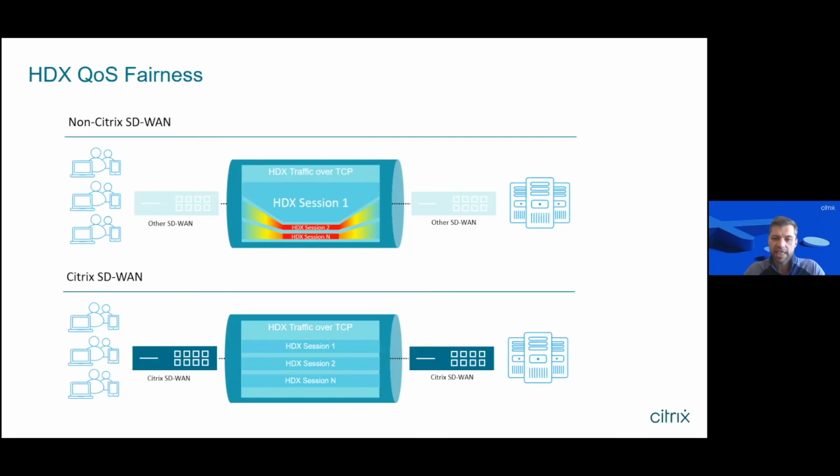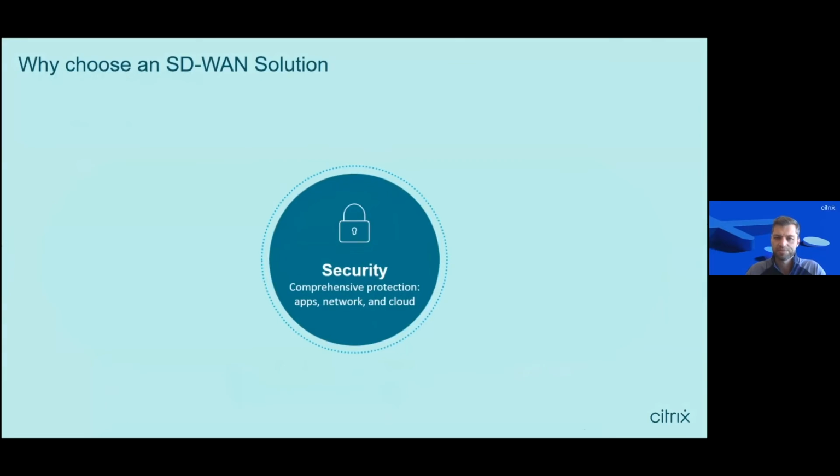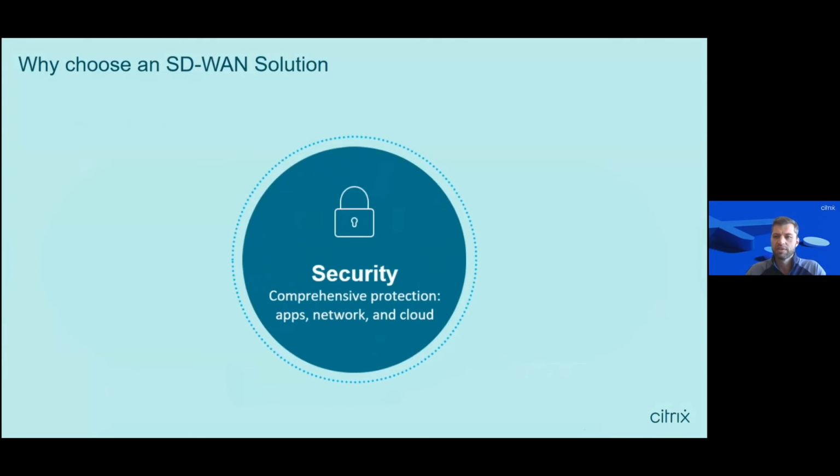But with the Citrix SD-WAN solution, we use QoS fairness as well, which means when there's congestion, we ensure that no single session and no single user consumes more than their fair share of the available network bandwidth. And so this feature ensures that all users continue to enjoy an interactive experience when they are accessing those critical applications. So that was cloud choice.